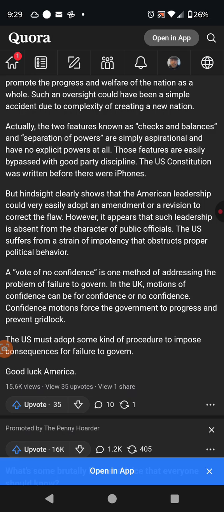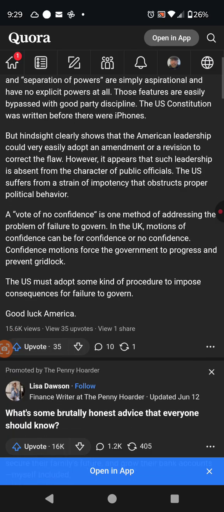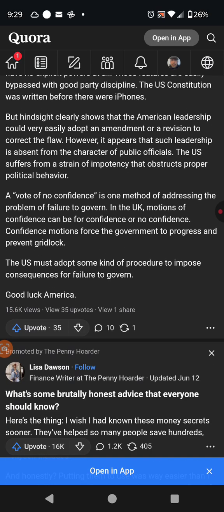The U.S. Constitution was written before there were iPhones. In hindsight, it clearly shows that American leadership could very easily adopt an amendment or a revision to correct that flaw. However, it appears that such leadership is absent from the character of public officials. The U.S. suffers from a strain of impotency that obstructs proper political behavior.